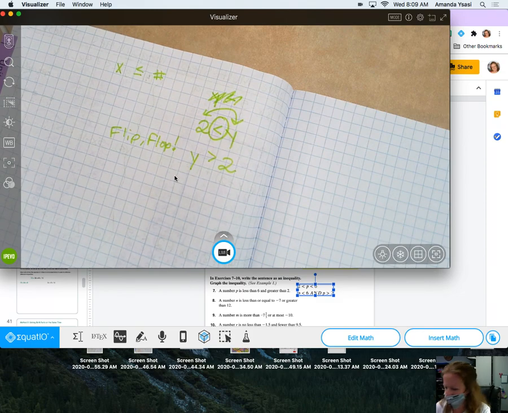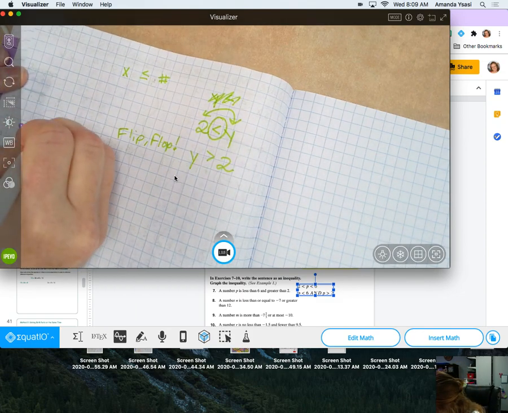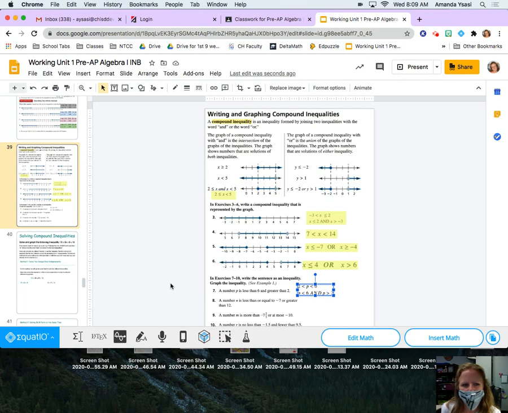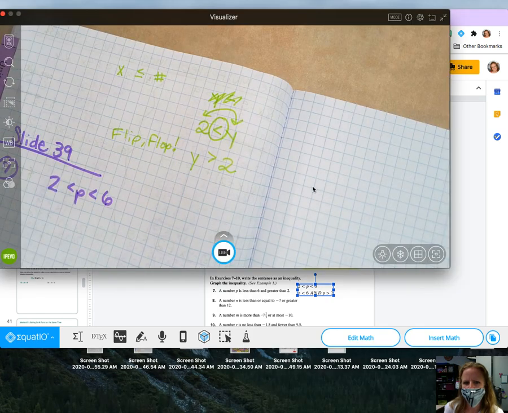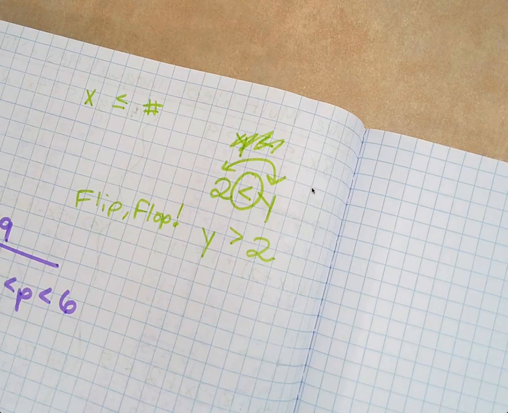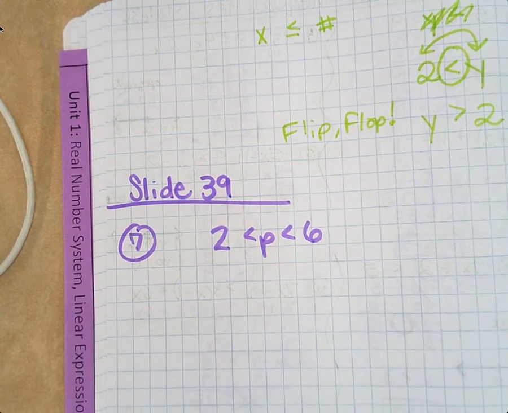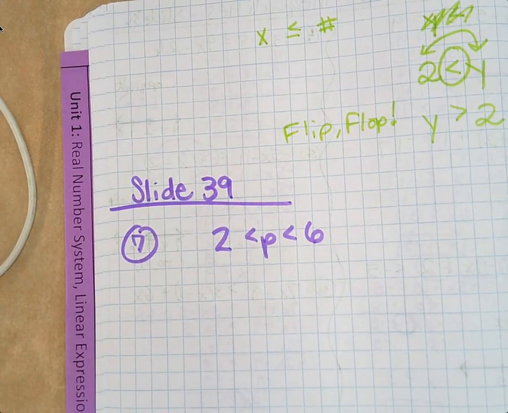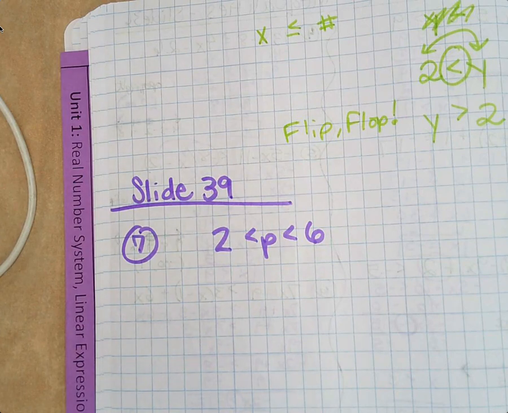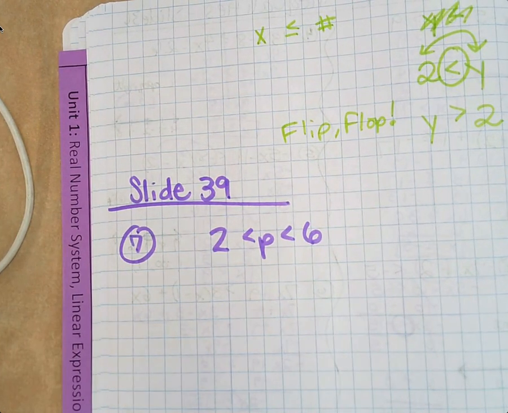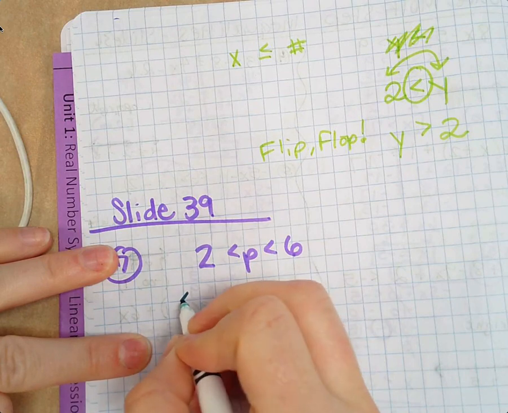So this is slide, what slide is this? Slide 39. Okay, so draw a number line.